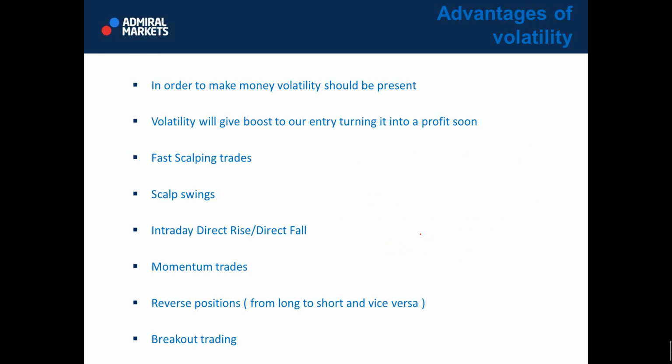Also, that high volatility can give you a nice retracement entry. Let's say that we are in uptrend, but we cannot get a good enough retracement to go in. If there is a high volatility, that can lower the price, and then you can buy it at a better price later. So volatility will give boost to your entry, turning it into a profit, but it also can give you a retracement to buy into.